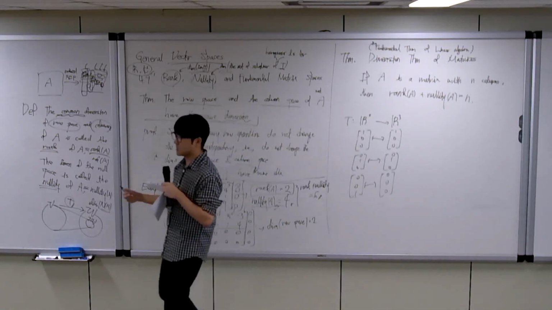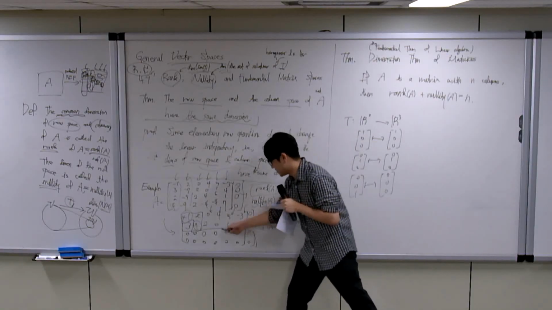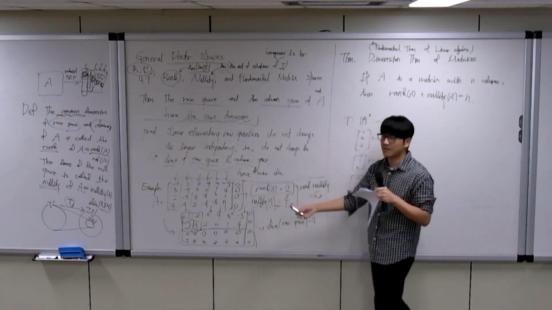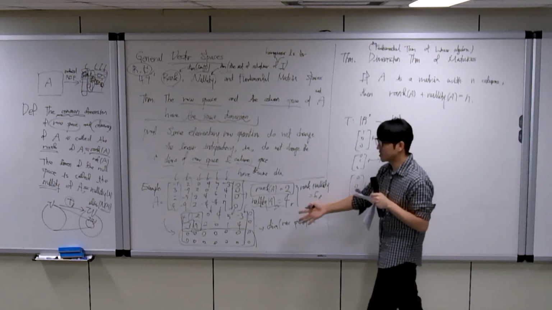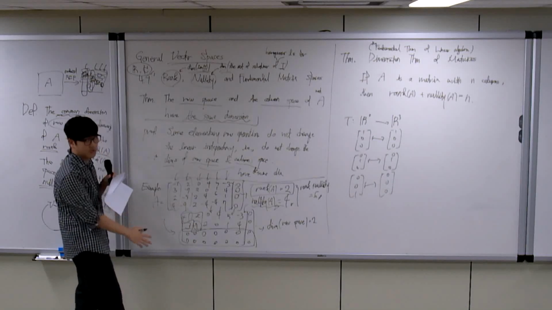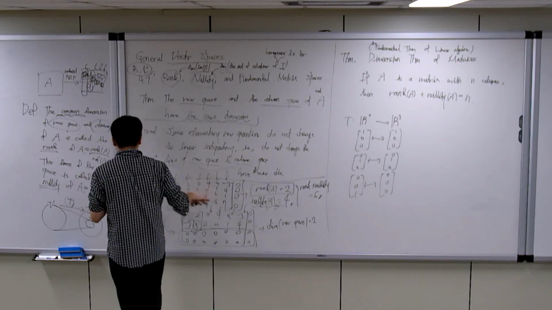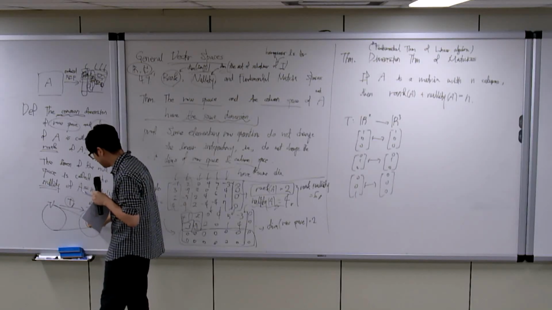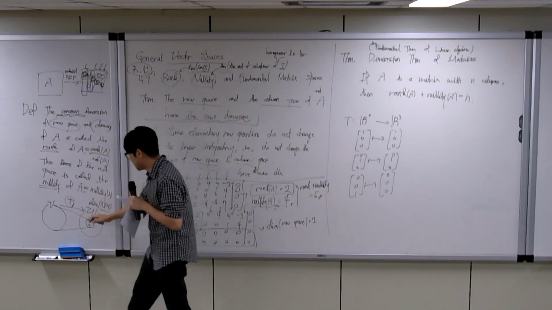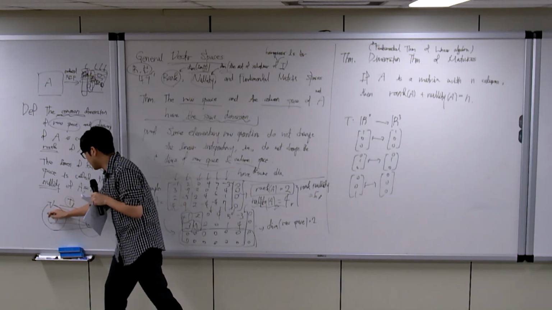It will collapse some entries this way, and the collapsing dimension will be the nullity, because row echelon form will not change the dimension of the row space. So something will go to 0 in V prime.